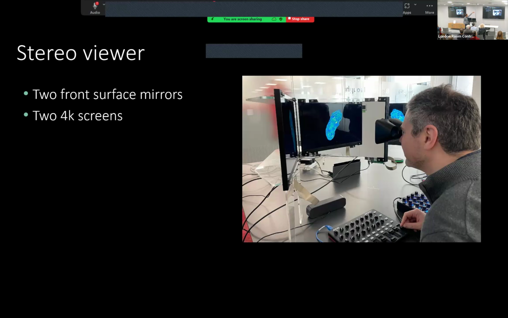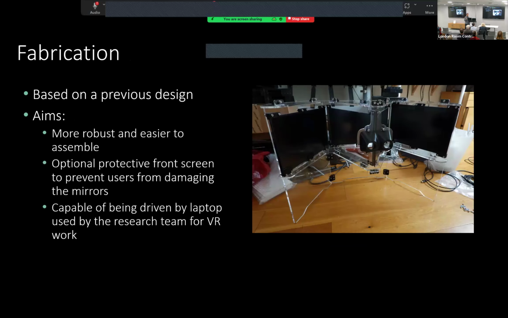This system has two front surface mirrors and really nice high resolution screens. The fabrication is based on a previous design. I had a work in the EVA24 exhibition, which a few people have mentioned in previous days, that was a Wheatstone stereo viewer a bit like this.